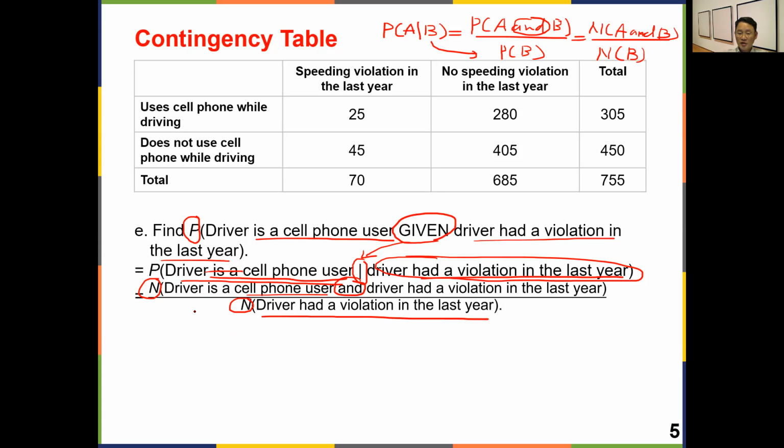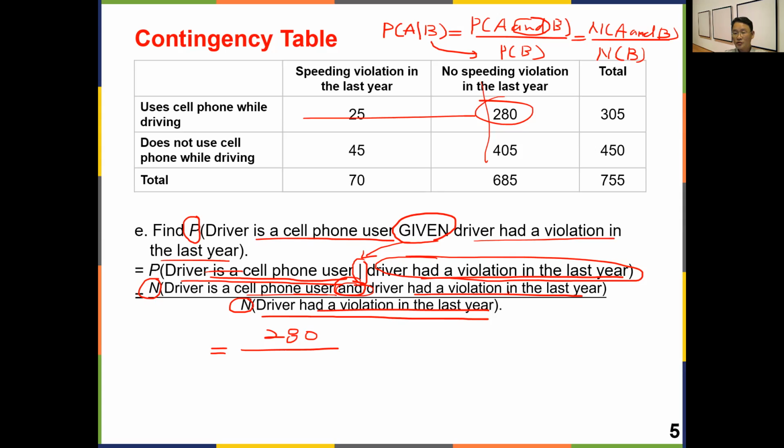Meaning like this. How many of them are using cell phone and had a speed violation? How many using cell phone and speed violation? The top part is going to be 280, just like that. What about the bottom? How many of them had speed violation last year?